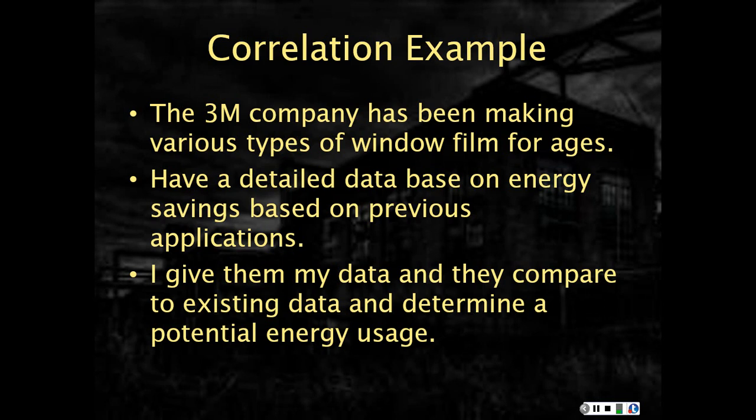With this particular example, the 3M company has been making various types of window films for ages. They have a very detailed database on energy savings based on previous applications.